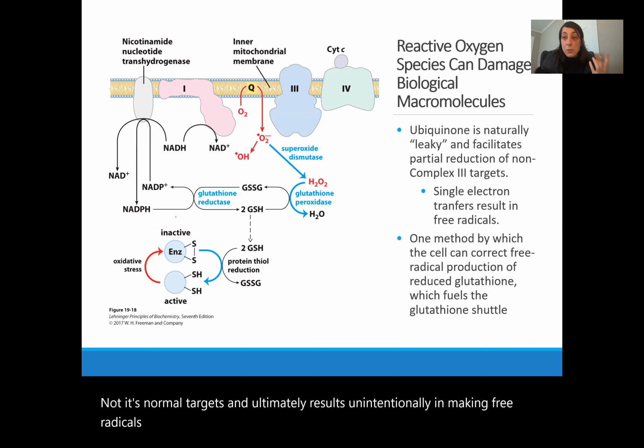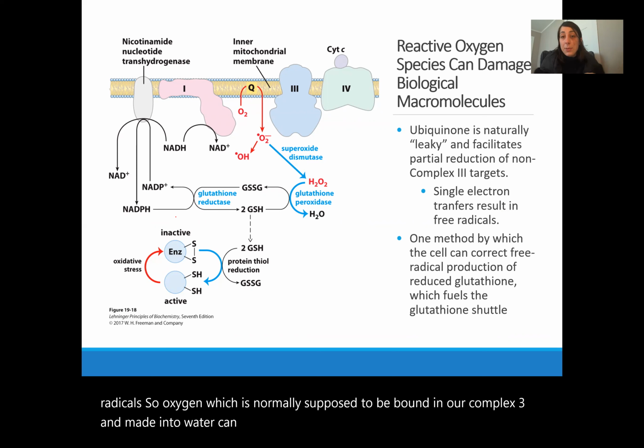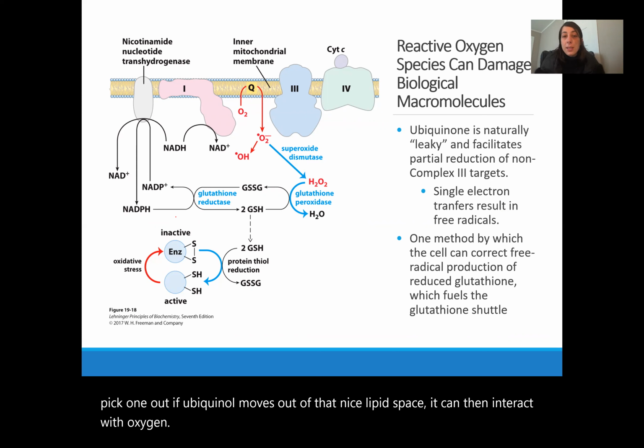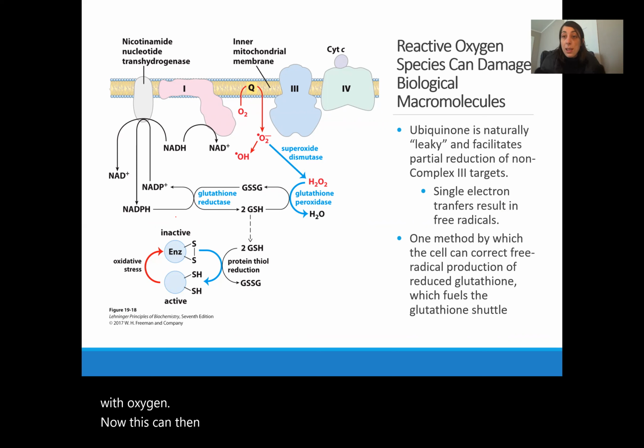So oxygen, which is normally supposed to be bound in our complex 3 and made into water, can unintentionally react sometimes with coenzyme Q, ubiquinone. If ubiquinone moves out of that nice lipid space, it can then interact with oxygen. Now, this can then cause issues in damaging the cell. And this has to be dealt with via some molecules we have for processing oxidative stress.